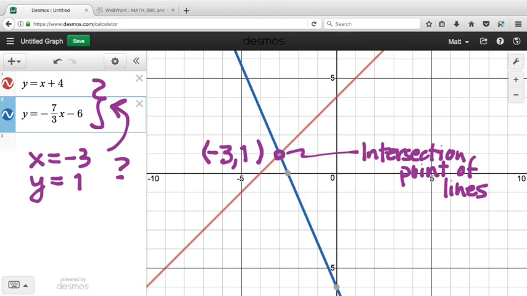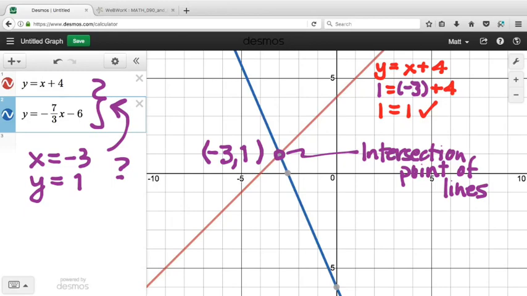So if I try it with y equals x plus 4, that's the red line over here, then I'd be substituting negative 3 in for the x value and a 1 in for the y value, and just seeing whether I get the same thing on both sides of this equation. And sure enough, negative 3 plus 4 is equal to 1. And so the point negative 3, 1 then definitely lies along the red line.